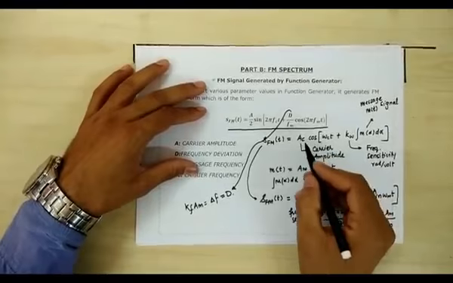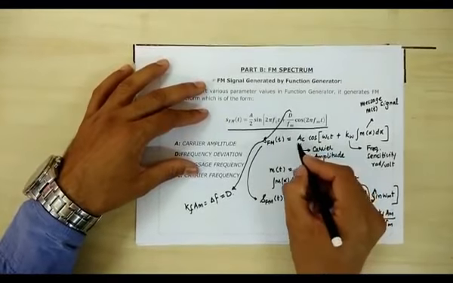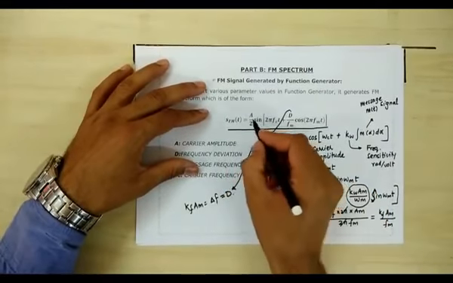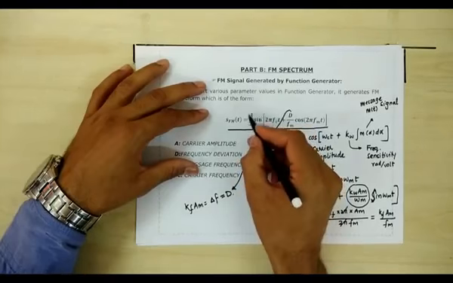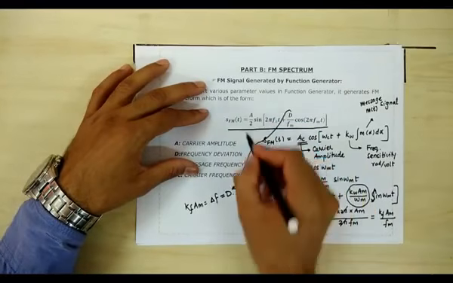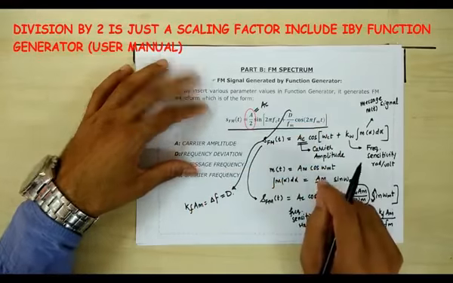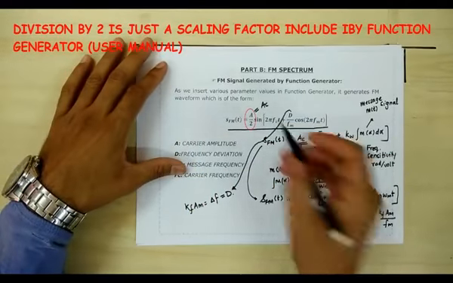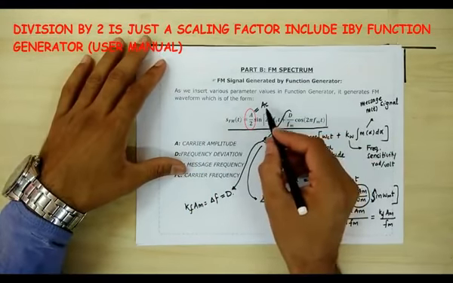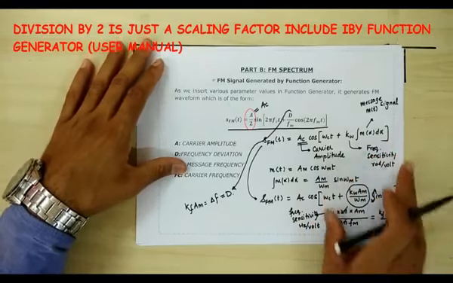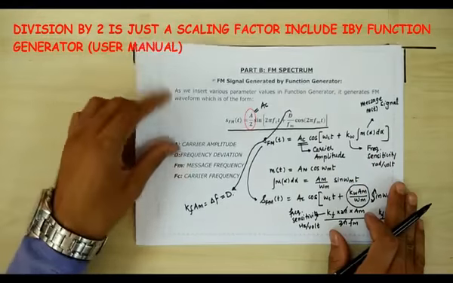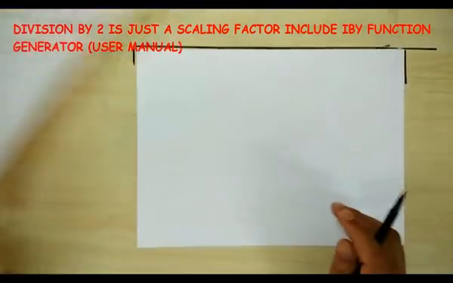One more change that we can see here is that there is a half scaling factor included in this equation. As per our convenience, it is Ac in the general case that we study in the class, so Ac equals A by 2.